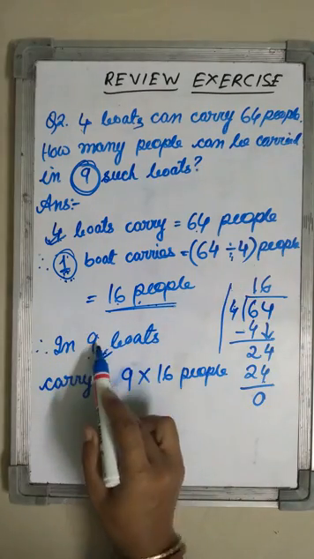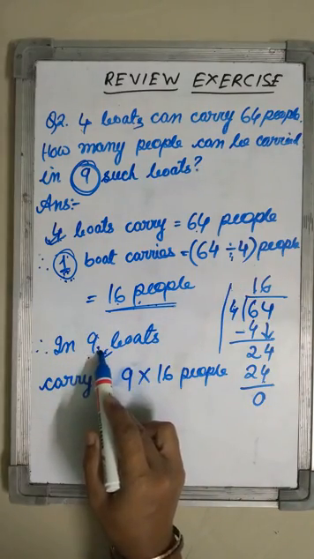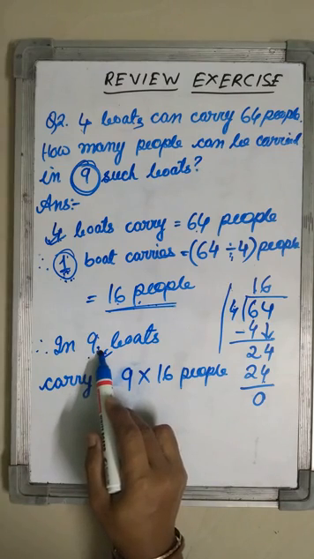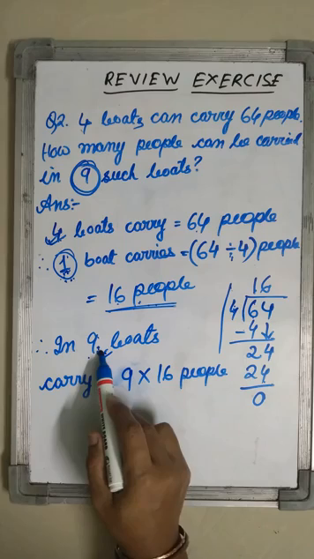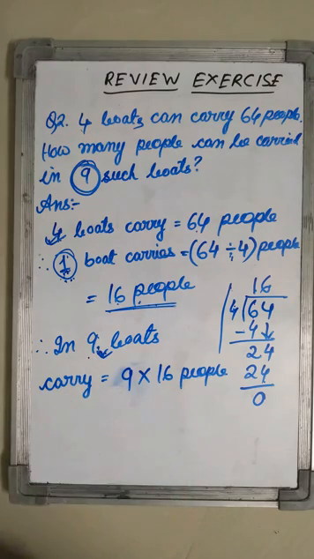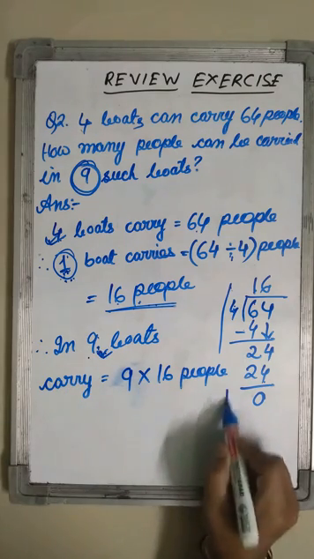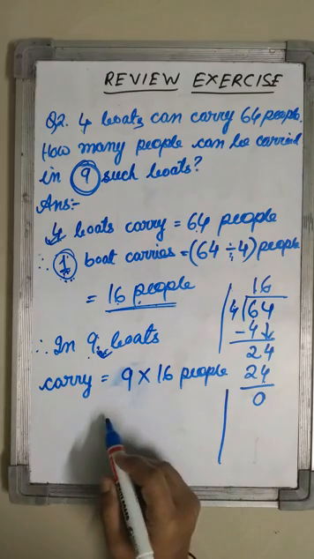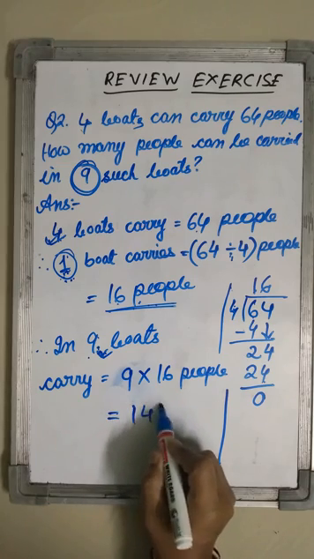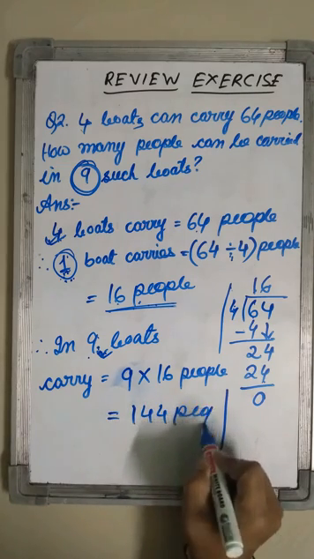Here from 1 we are finding the value of the number of people that 9 boats can carry. It is 16 into 9, which is equal to 144 people.